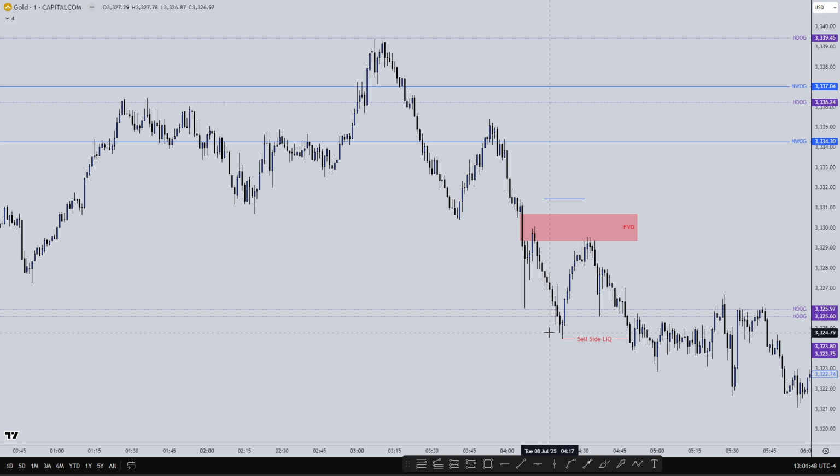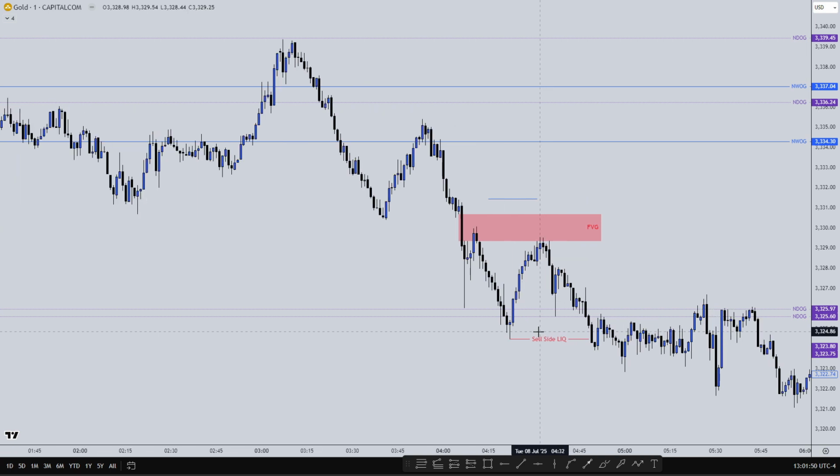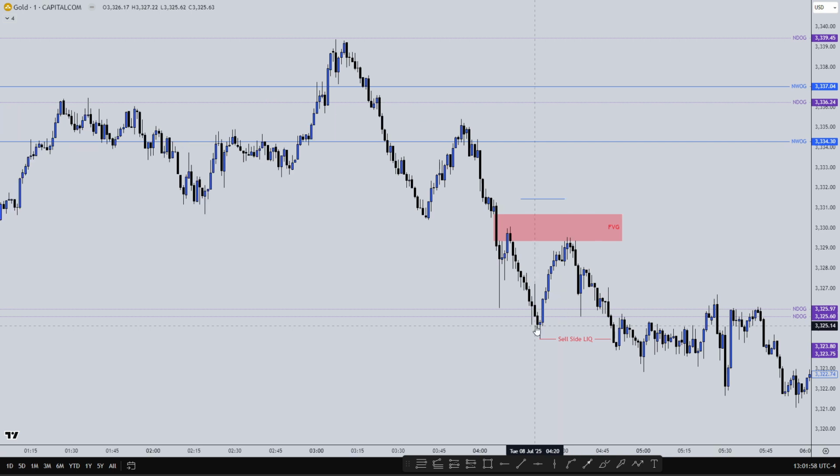But there is an entry at 4:15 to 4:30. You can look for entries to target, in this case, the sell side, but most of the time it goes against the direction.